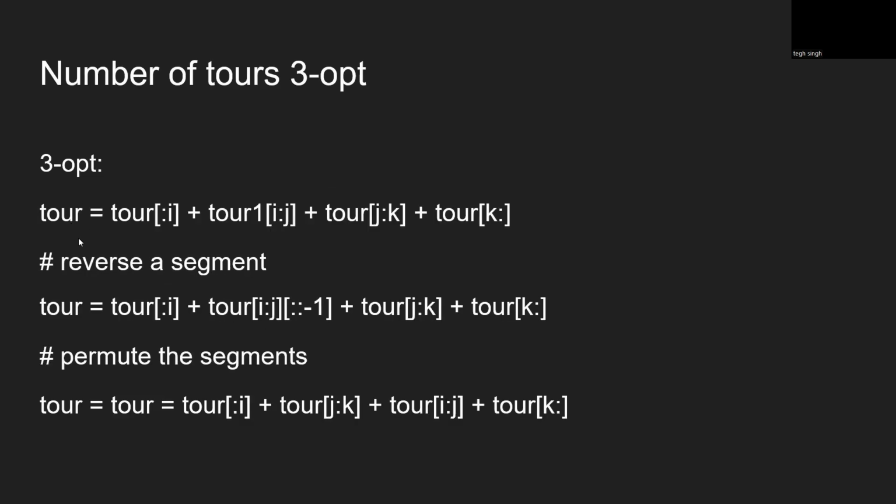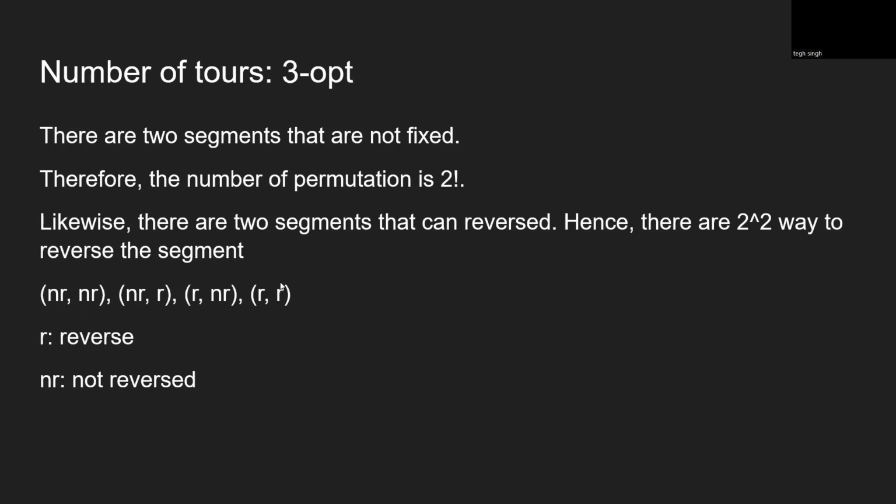There are 2 possible things that we can do. One would be to reverse a segment using colon minus 1, or you can permute the segments. Over here we swapped j:k with i:j, if you compare that with the original tour. A couple things to note. There are 2 segments that are not fixed. One of the segments is.